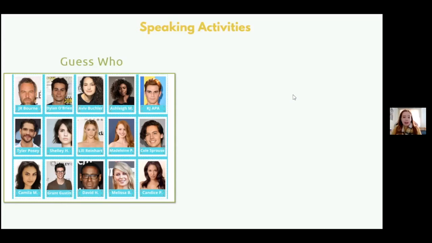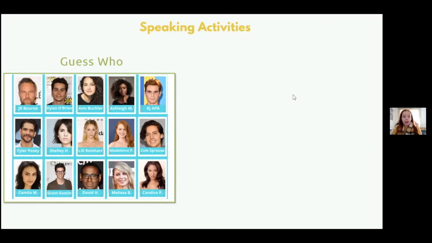But sometimes these famous people are not known by the students. For example, I often see George Clooney in the course books, and of course, I really like him. But my 11, 12 year old students have never seen Ocean's 11, Ocean's 12, Ocean's 13. So they just don't care, or they have no idea who he is.